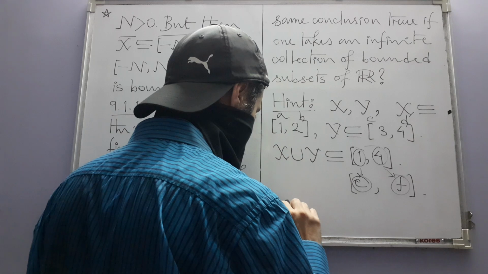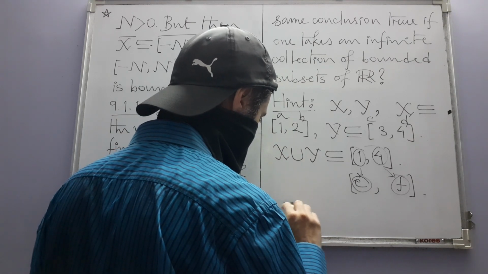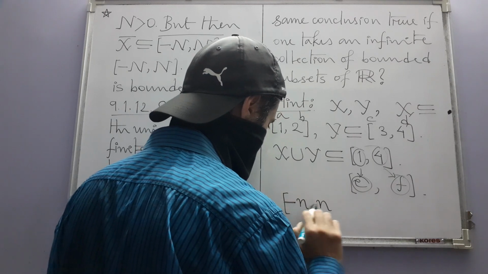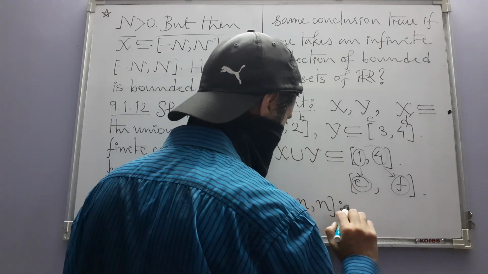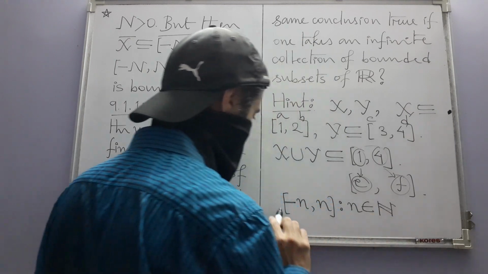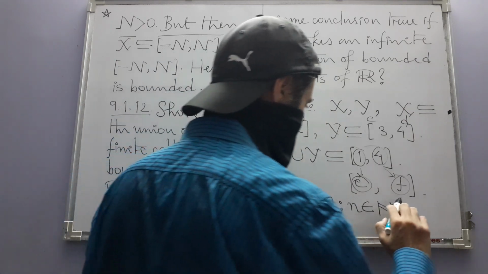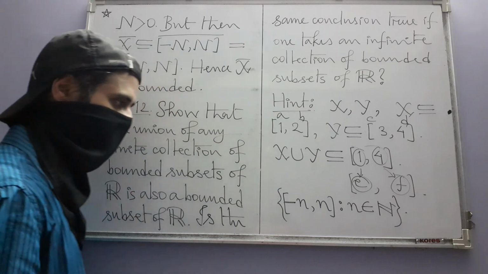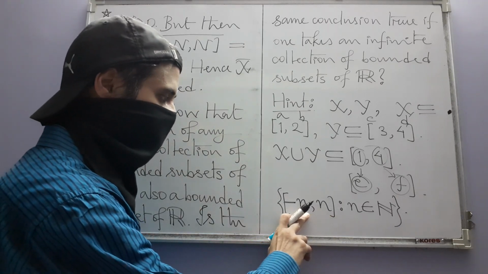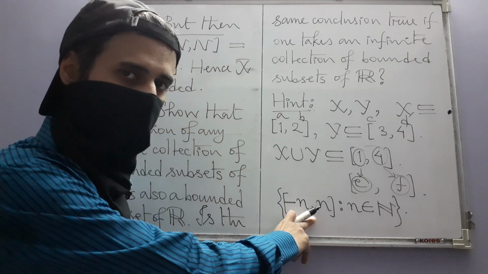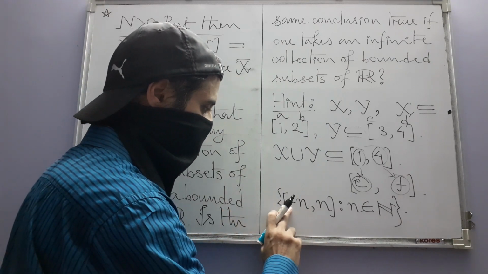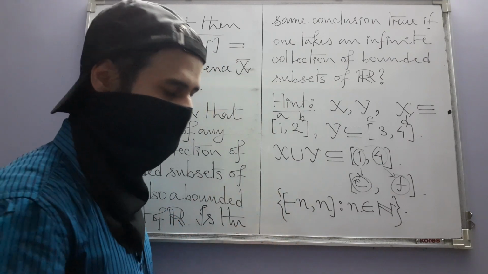And one very easy example is just this. You consider this collection, where n is a natural number, and the subsets are these closed intervals, all of which have 0 as their midpoint, and the left endpoint is -n, right endpoint is n.